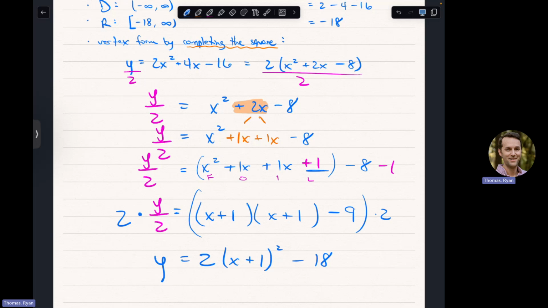Which again gives us +1 here, but then there's this -8. This part is x plus 1 squared. This is -9. And then to drop this big set of parentheses, distribute that 2, and we get to the same place. Is that more confusing? I don't know. You tell me. It's up to you.